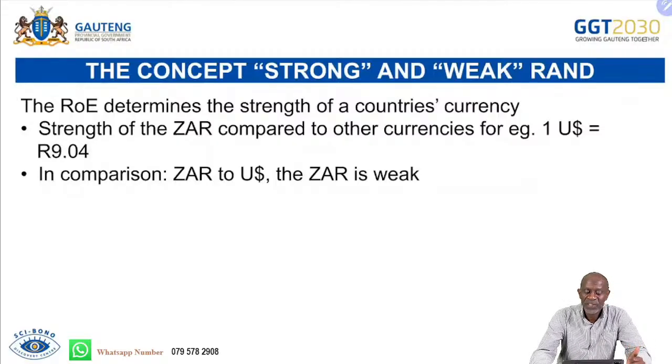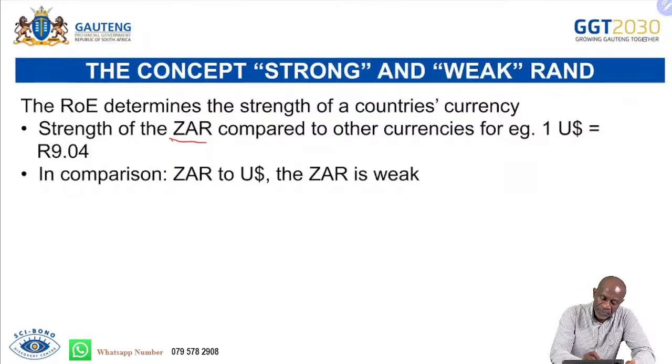The strength of the South African rand, which is internationally represented as ZAR, compared to other currencies, for example, 1 USD is equal to 9 rand 04.